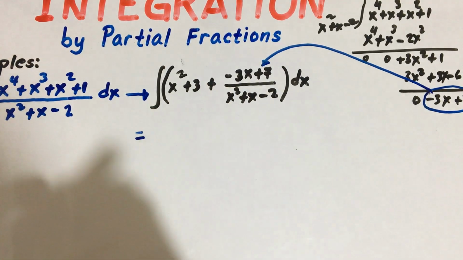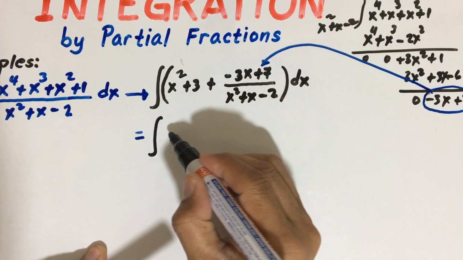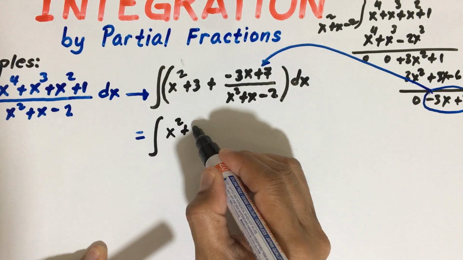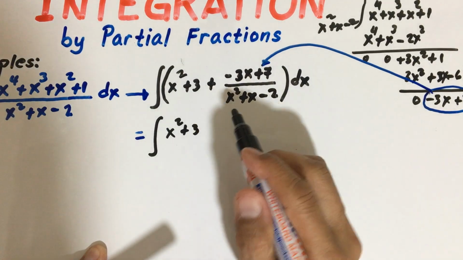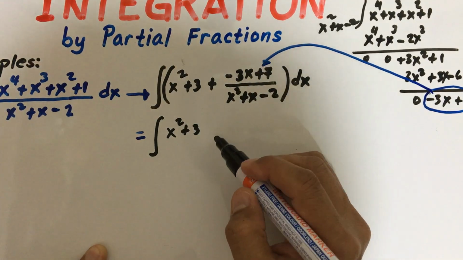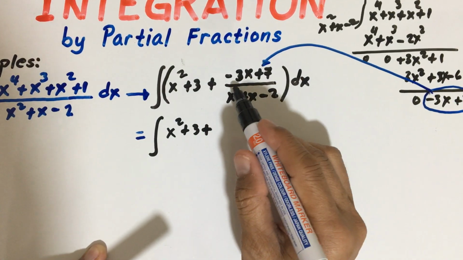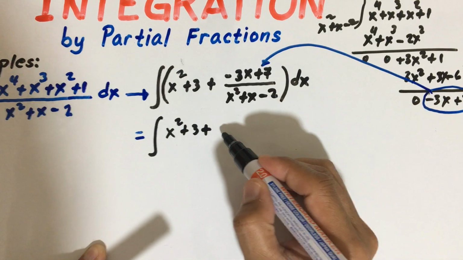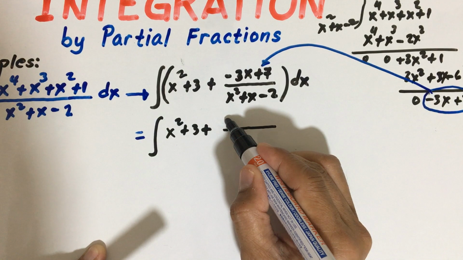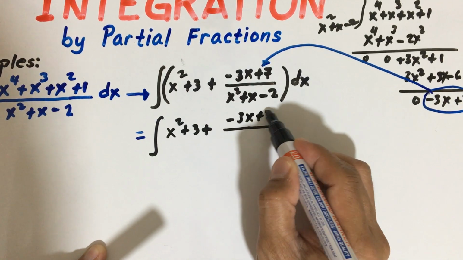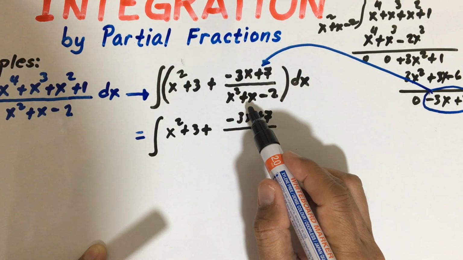So this is equal to the integral of x squared plus 3, then plus, we'll just consider the plus and do the negative later on. So x squared plus 3 plus the whole thing here, which is minus 3x plus 7, divided by the factors of x squared plus x minus 2.